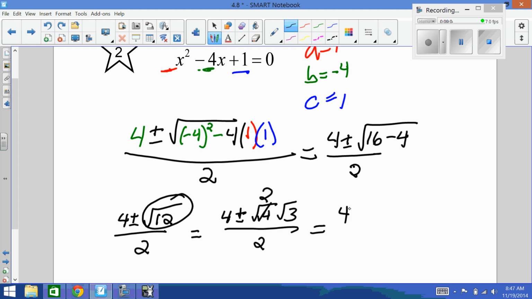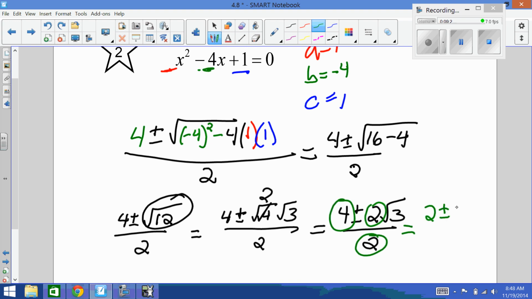So we got 4 plus and minus 2 radical 3 all over 2. And then last but not least, look at the outside. They're all divisible by 2, so that means I can simplify it more. So 4 divided by 2 is 2, plus and minus radical 3 all over 1. So this one we can just leave like that.